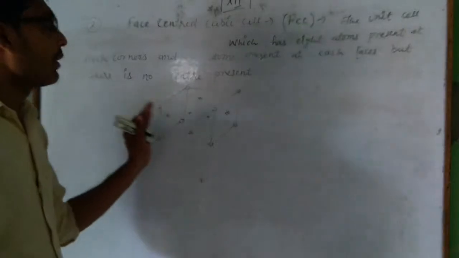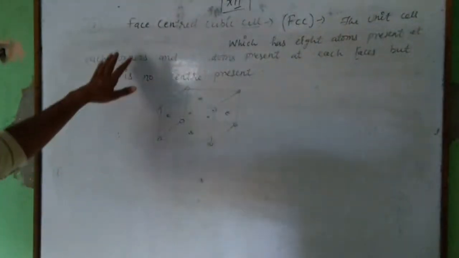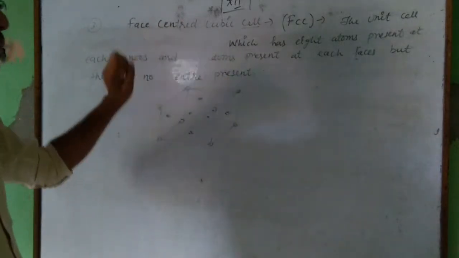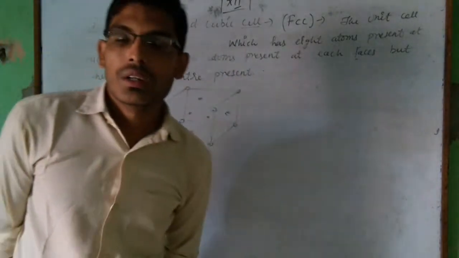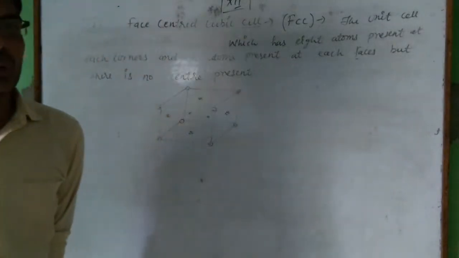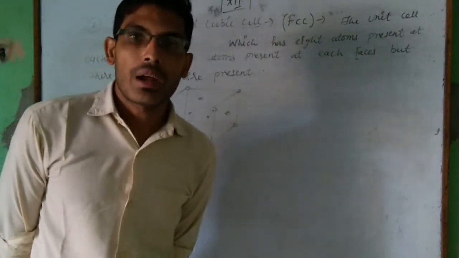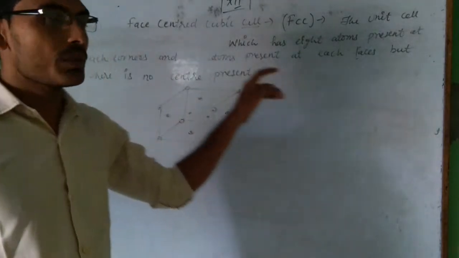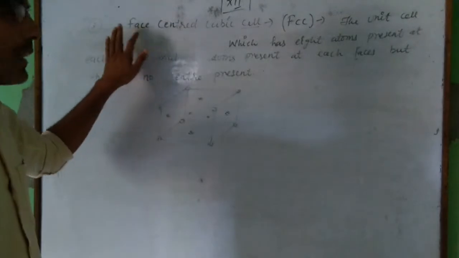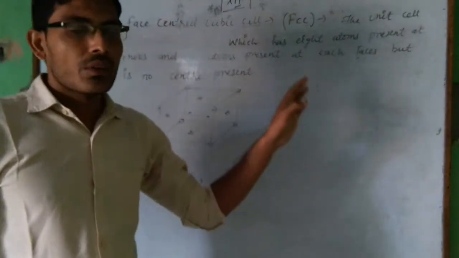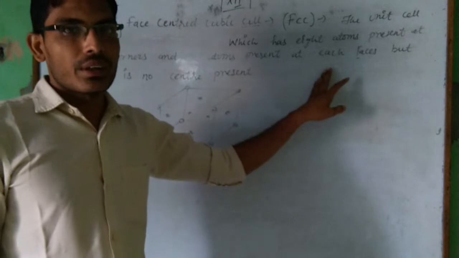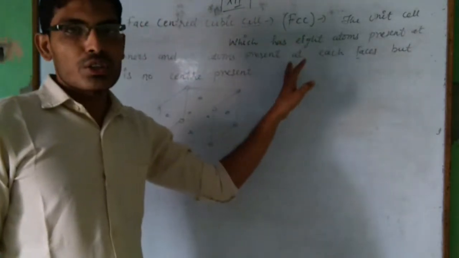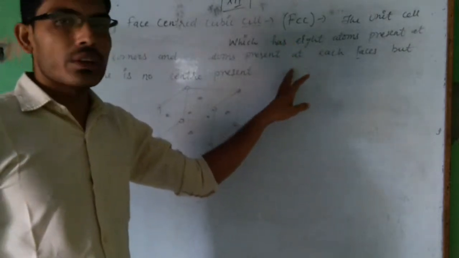So altogether, let's revise all three we had discussed. The very first was the simple cubic cell. In simple cubic cells there were 8 atoms present at each corner, with no center and no face. Second, the body centered cubic cell, which had 8 atoms present at each corner, and 1 atom present in the center also.